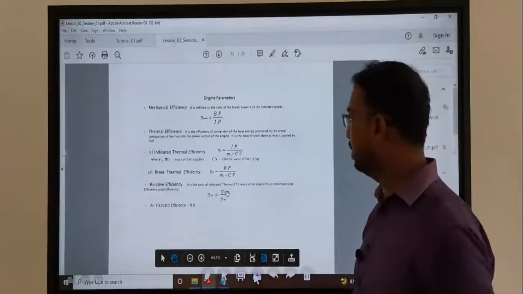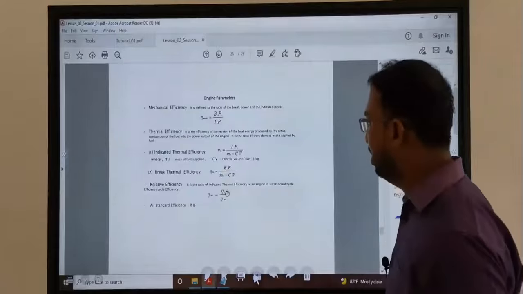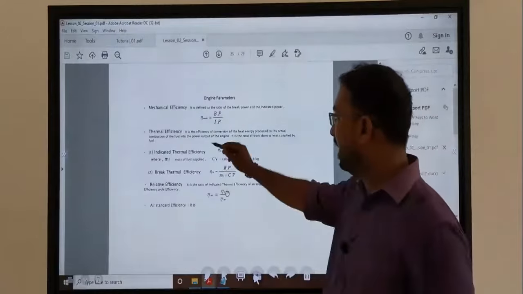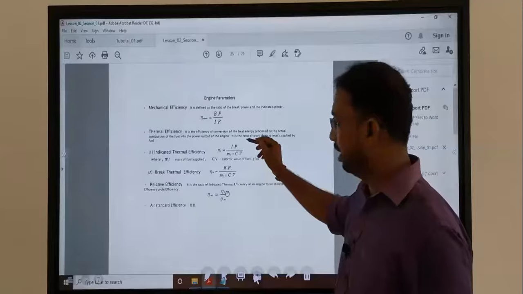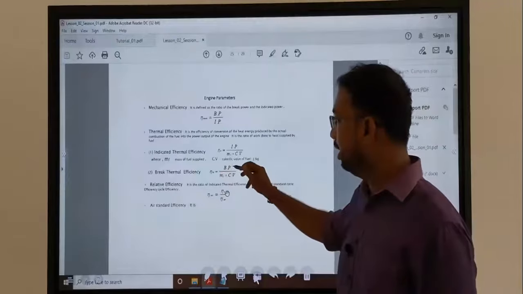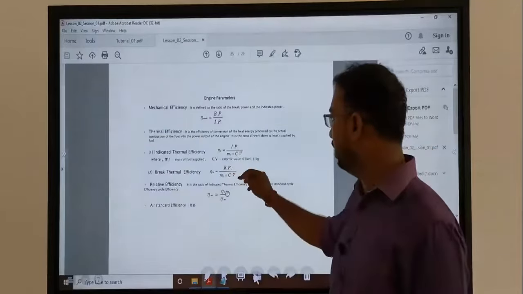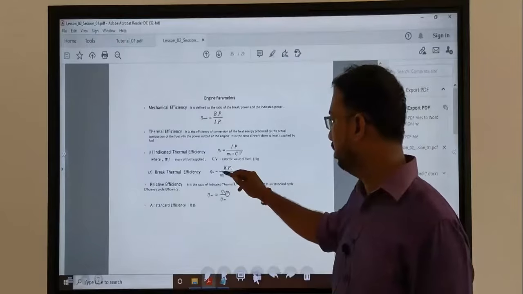The indicator thermal efficiency is related to the indicator power, but here the brake thermal efficiency is linked with the brake power through this equation.